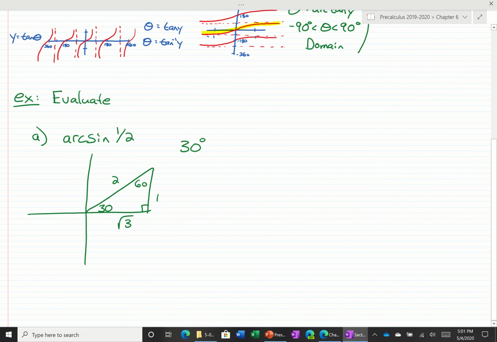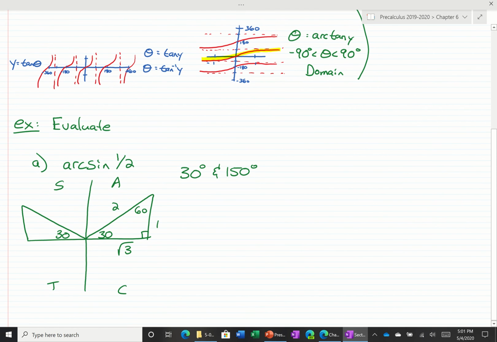In the last section, we remembered that all students take calculus, and we would have also drawn 1/2 in this quadrant also. So we would also draw 150. This was in the last section when we were talking about inverse trig functions. This says arc.